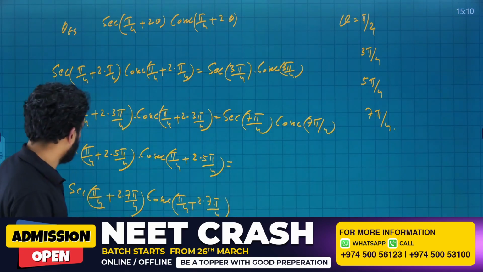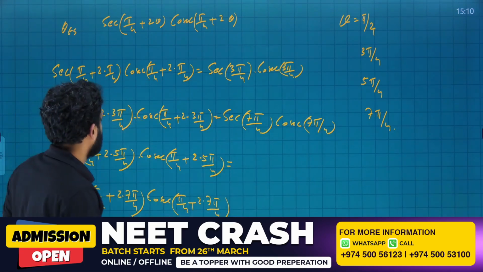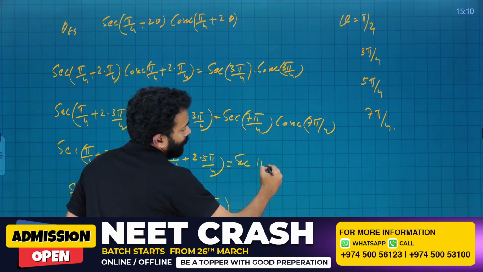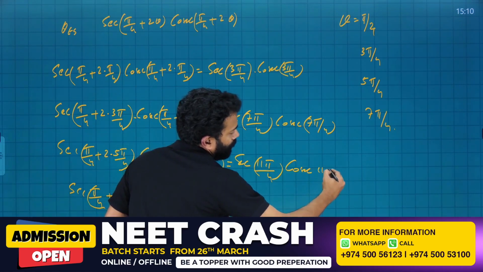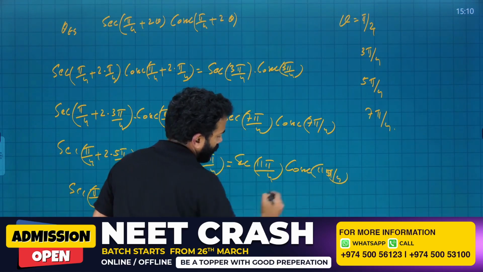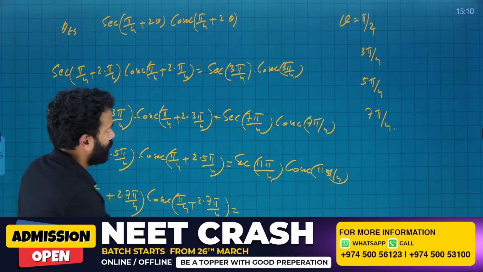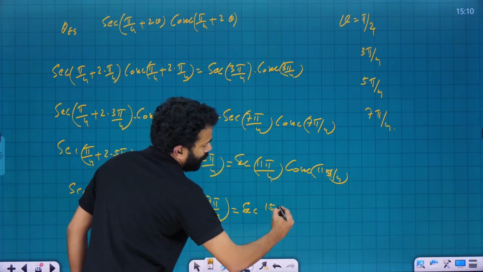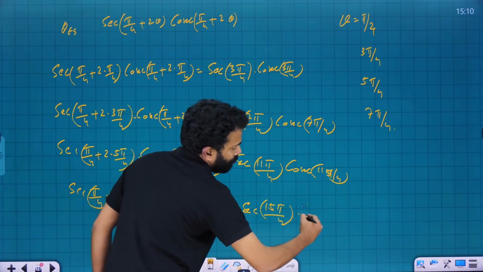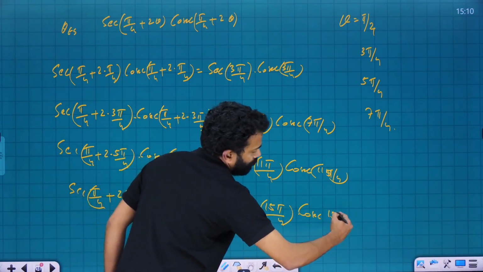Next will be 11, I think. Yes, that is 3, 7 like that. That is sec 11 pi by 4 into cosec 11 pi by 4. Next one, 15: 3, 7, 11, 15. That is sec 15 pi by 4 into cosec 15 pi by 4.